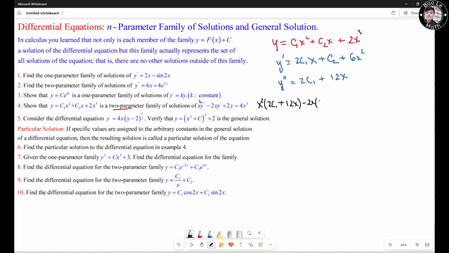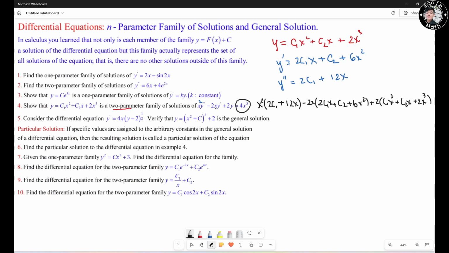Y prime is going to be 2c1 s plus c2 plus 6s squared, plus 2y. So plus 2 times this one right here, c1 s squared plus c2 s plus 2s cubed. I need to verify if this equals 4s cubed.